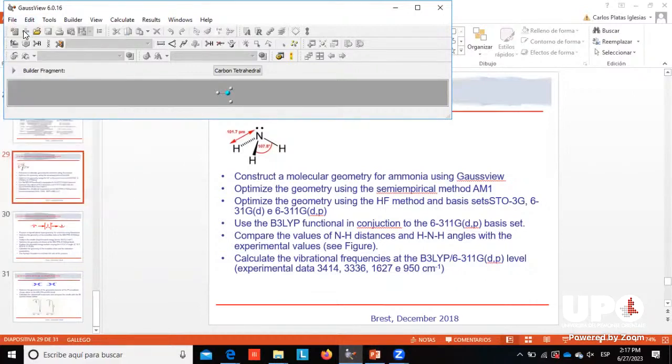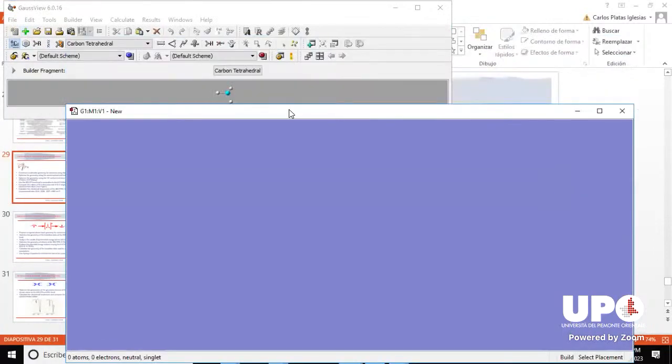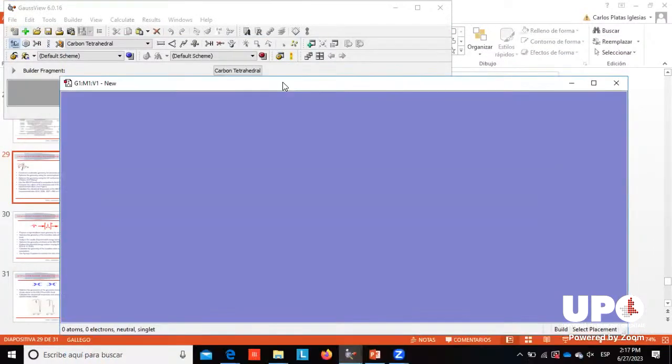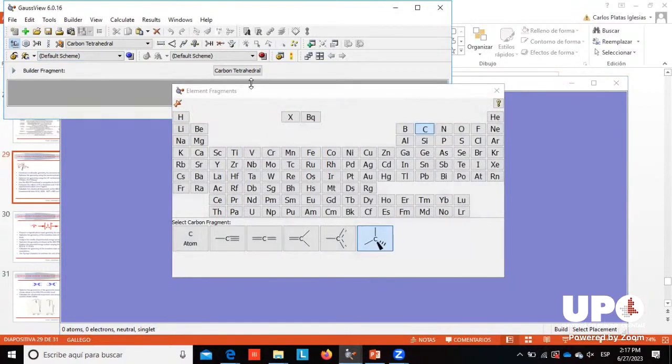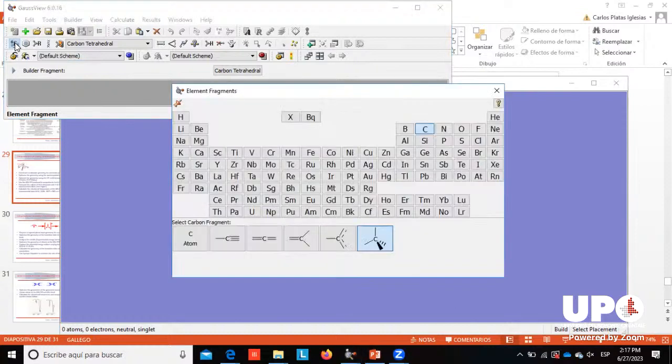I think you should have a white page or a blue page that is empty. Okay. So now we need to prepare a starting model for our molecule. If this is ammonia, try to follow me, right? You see here that you have an icon 6C, okay? If you click there, you go to the periodic table, and there you can select a nitrogen to start with, right?